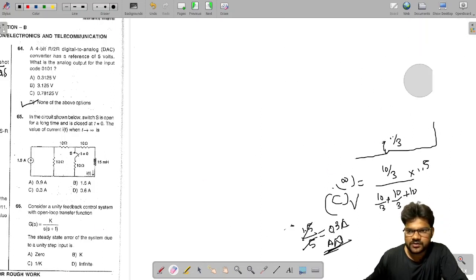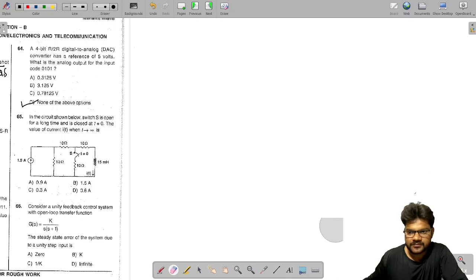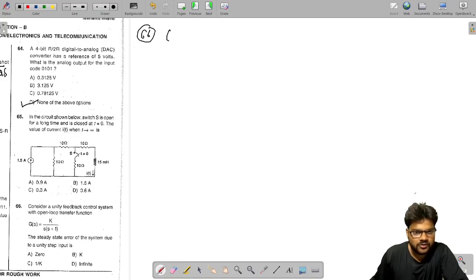This question is from the control systems topic, and the question is: consider a unity feedback control system with open loop transfer function G(s) equals K by s(s plus 1), and the steady state error for the system due to unit step input.